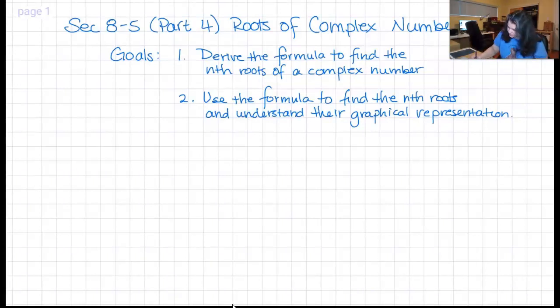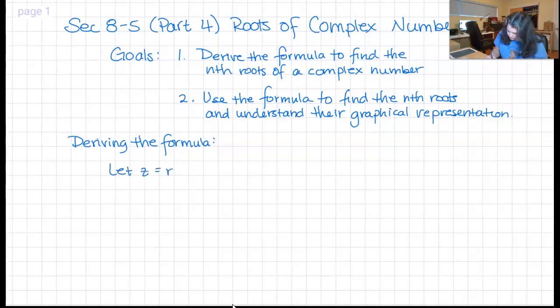So the formula comes from, let me write this down, what we know about finding powers. So I'm going to go ahead and let z equal r cosine theta plus i sine theta, and u equal s cosine beta plus i sine beta.